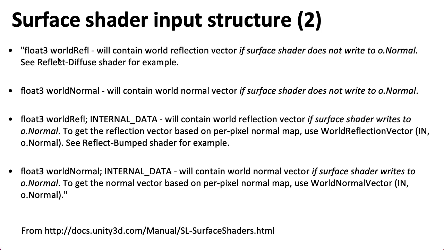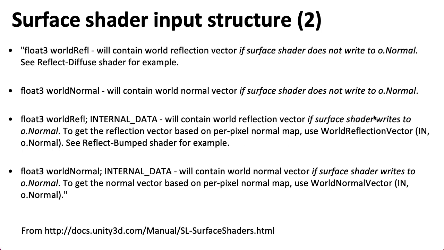So we have float3 worldRefl will contain the world reflection vector if the surface shader does not write to o.Normal. So if you write to o.Normal, you need to do something else. You need to use float3 worldRefl, and then you need to use this INTERNAL_DATA macro, and then you have to be able to get the reflection vector using WorldReflectionVector(IN, o.Normal).